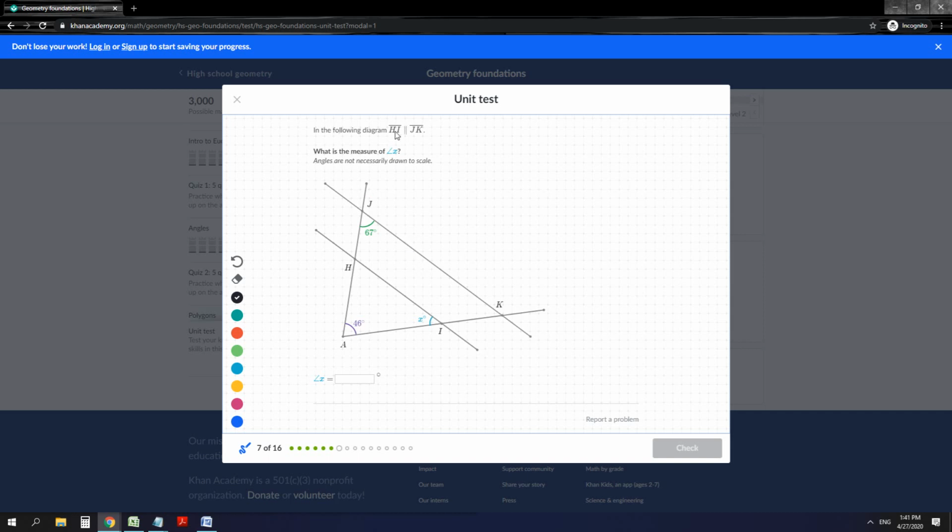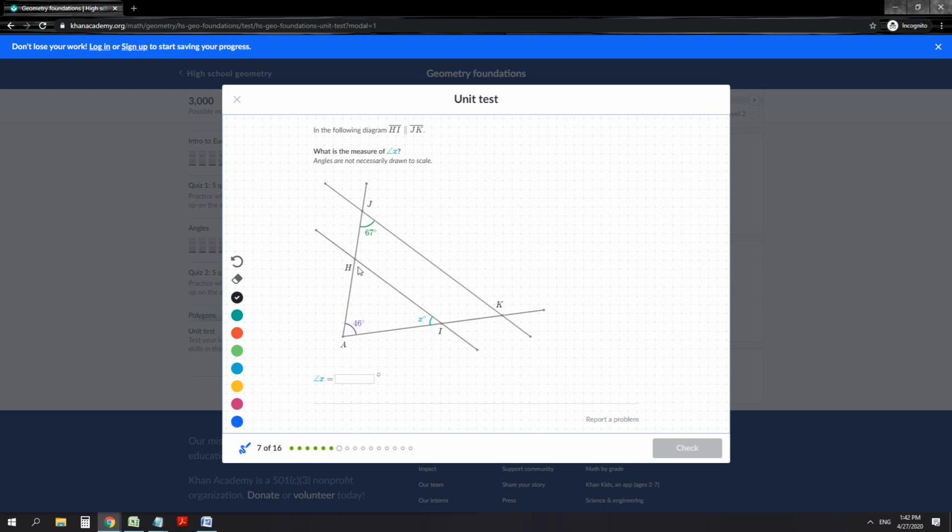Okay, in the following diagram, HI, this line, is parallel to JK, this line. These two lines are parallel, and we want to figure out this angle. Well, look at this first. This big triangle, JAK.